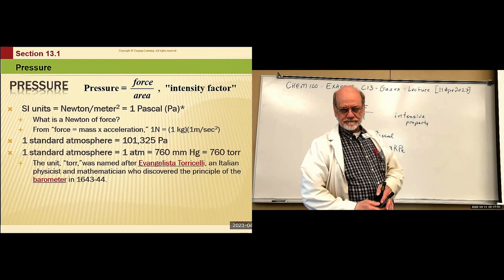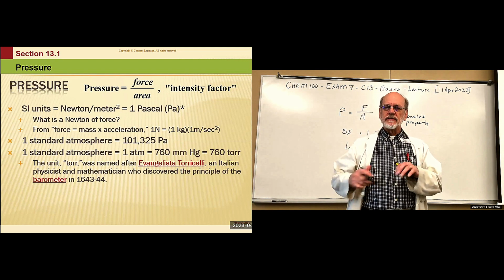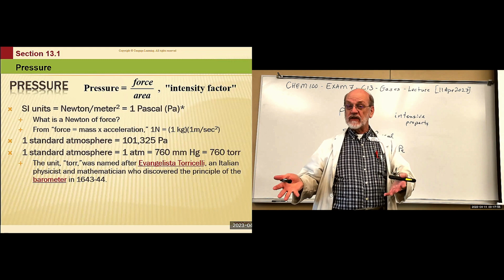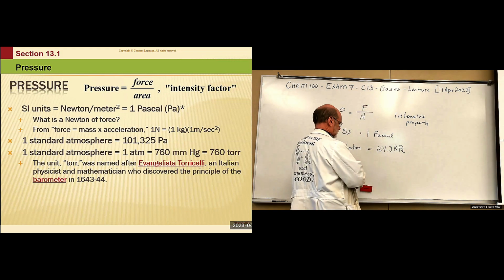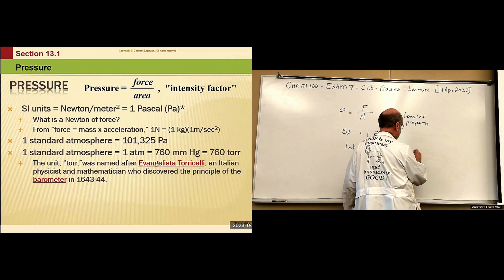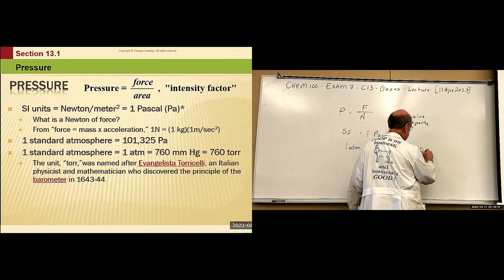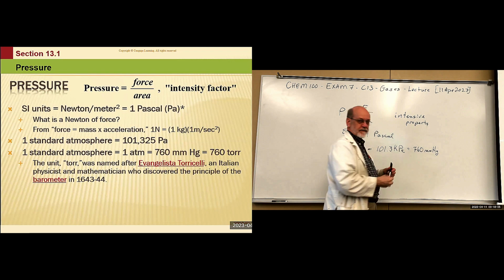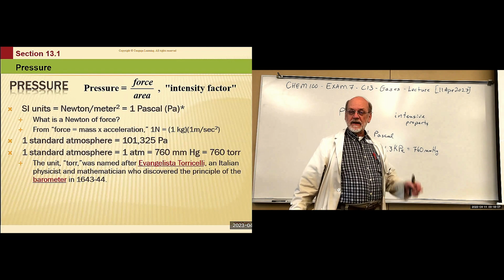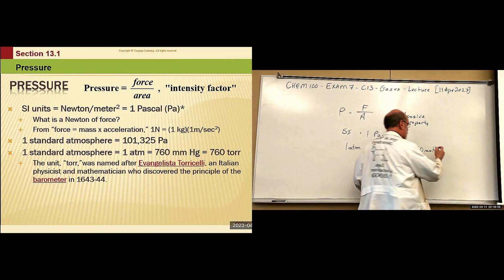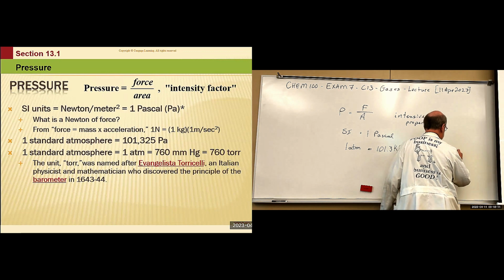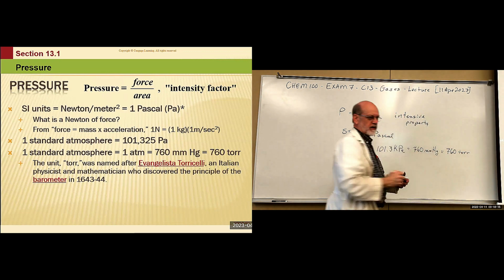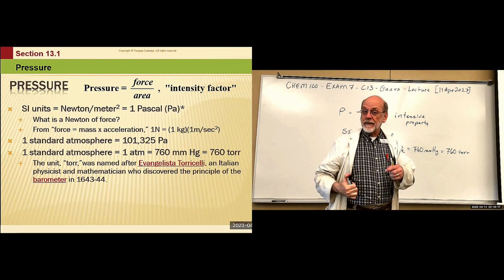One atmosphere also has other equivalents. So it's also equal to 760 millimeters of mercury. Now, what does that mean? Well, it also equals 760 torr. Right? So 1 torr is 1 millimeter of mercury. Where did that come from?